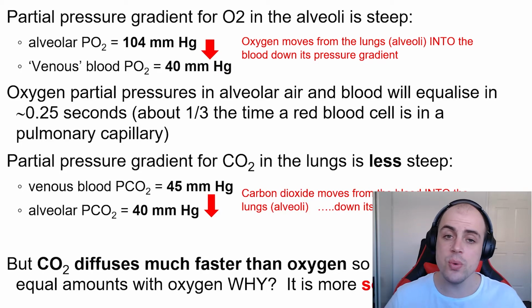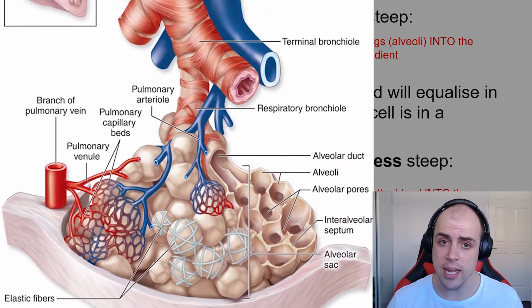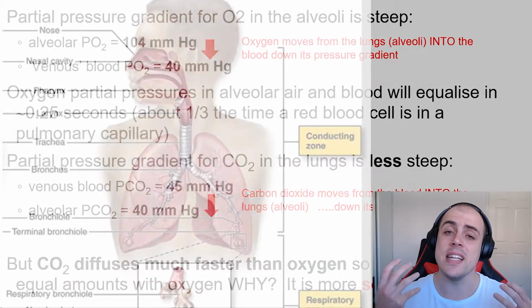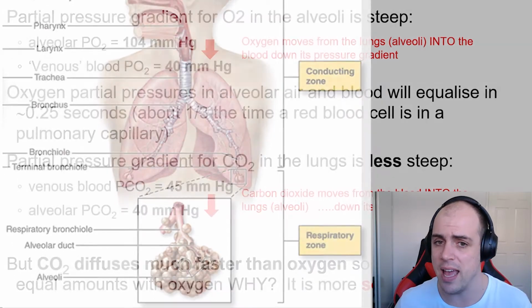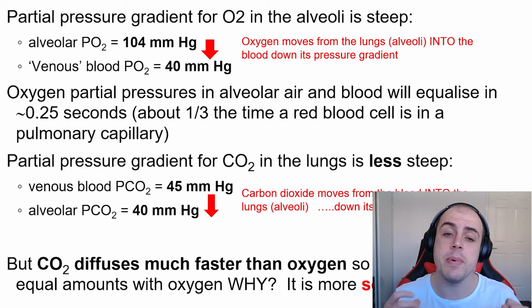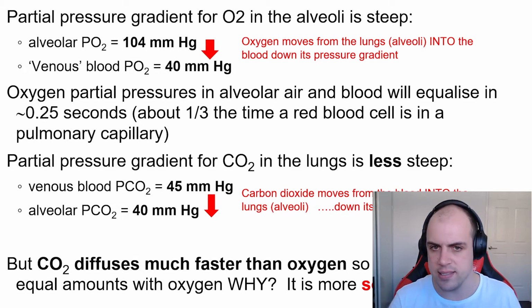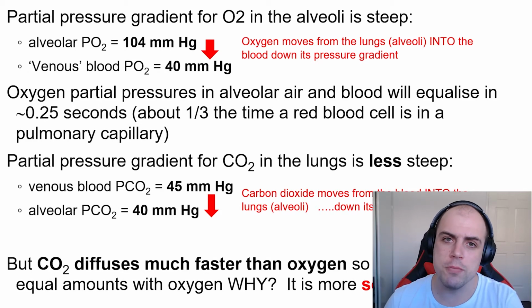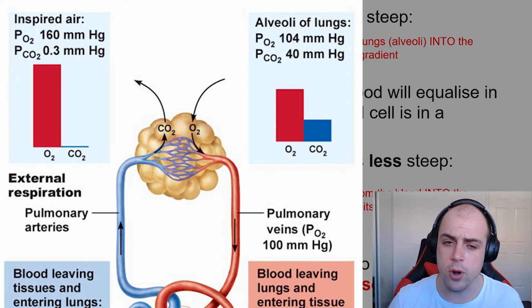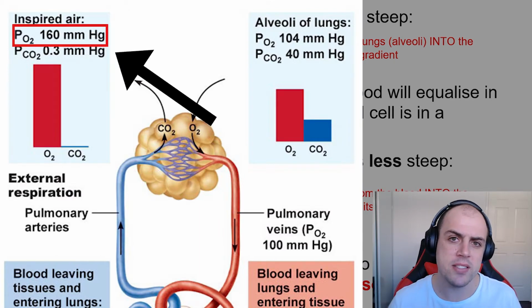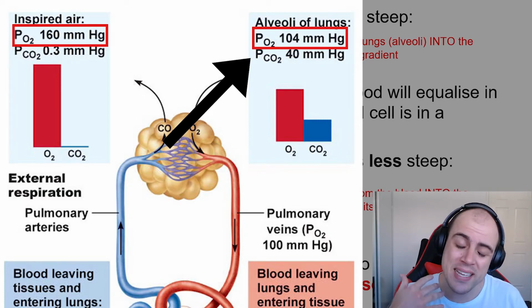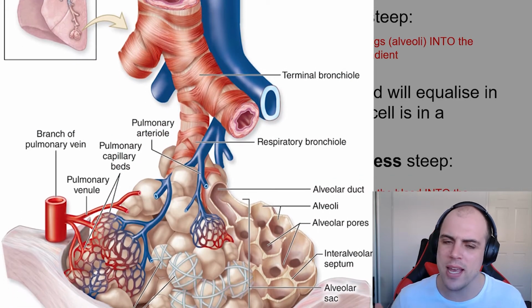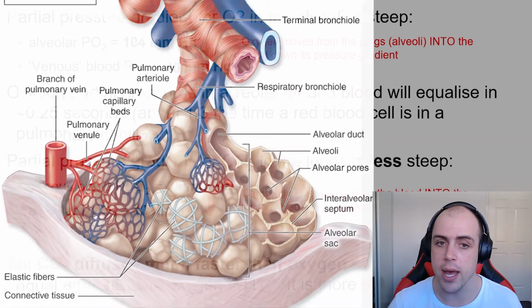Now, we obviously do have dead space in the alveoli. We also do have dead space in the conduction zone, so looking at the trachea and the bronchi and stuff like that. I'm going to be mainly referring to the dead space in the alveoli itself. So this is why the partial pressure of oxygen drops from about 160 millimeters of mercury to 104 millimeters of mercury, because remember, it's mixing in with that old air that's still in the alveoli.